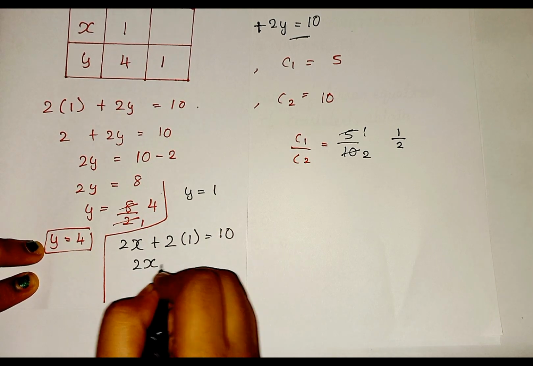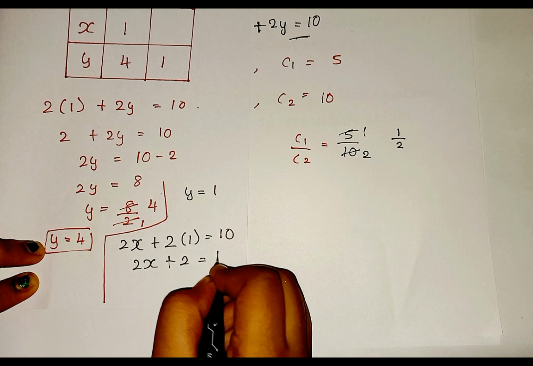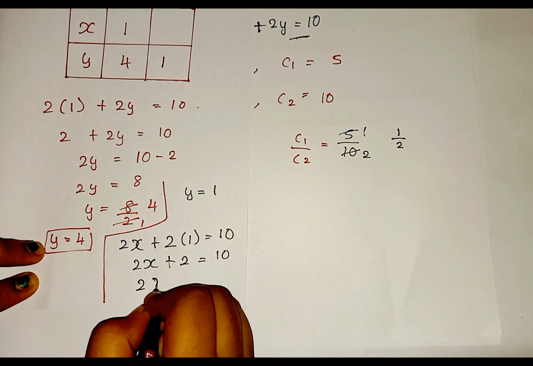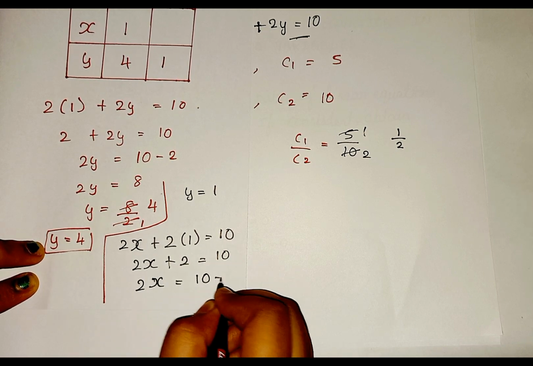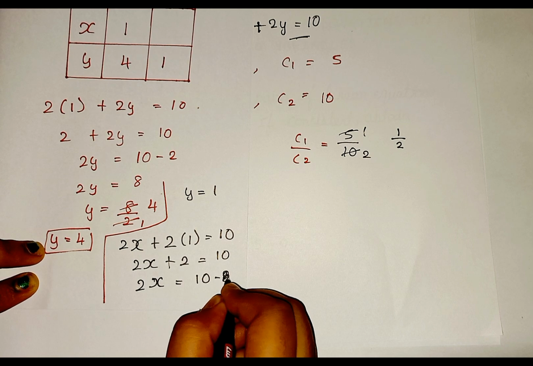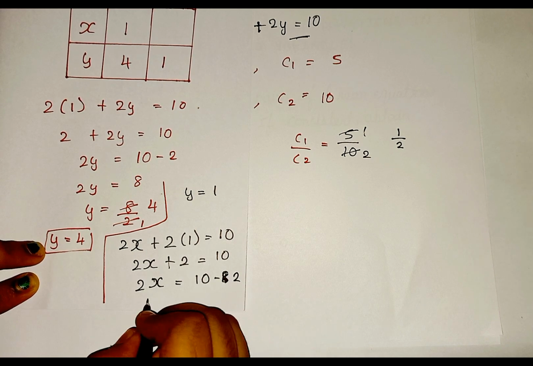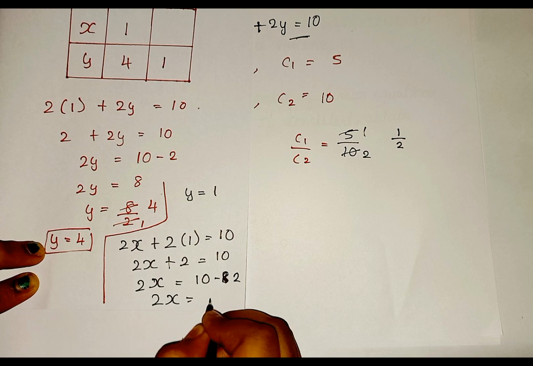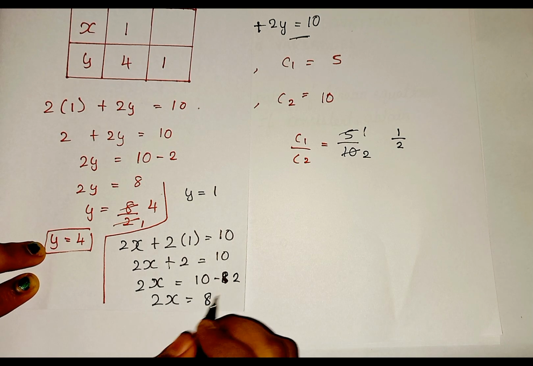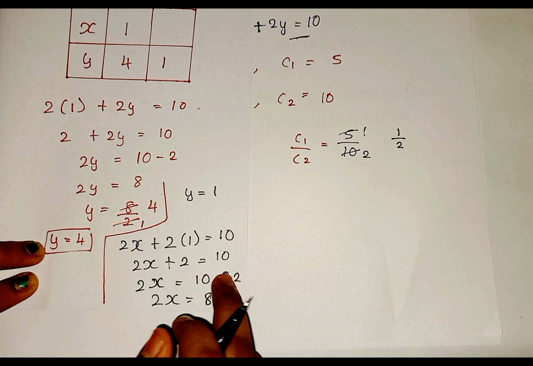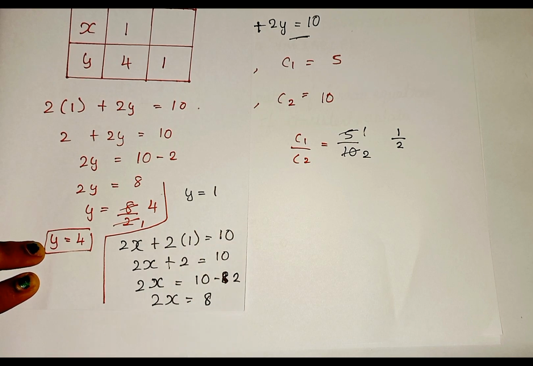So 2x, 1 2 is 2, is equal to 10, and then 2x is equal to 10 minus 2. I am sorry, minus 2. So 2x is equal to 8. We'll get like this, isn't it? So now you understood, right?